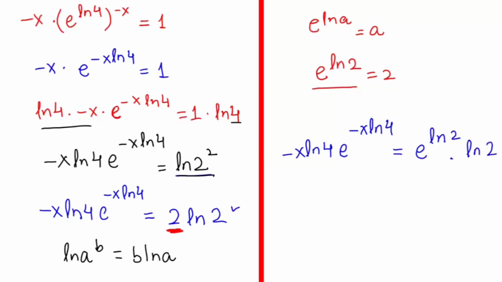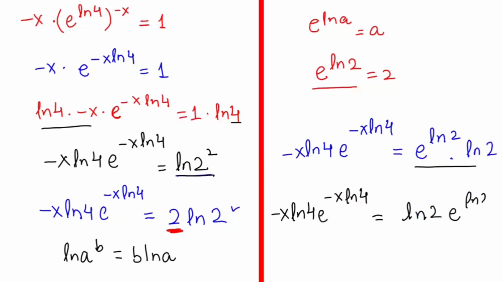Now I will rearrange it here. So -x ln of 4 e to the power of -x ln of 4 is equal to, first I will write ln of 2 e to the power of ln of 2. We have the same coefficient and the power here, and the same coefficient and the power here.